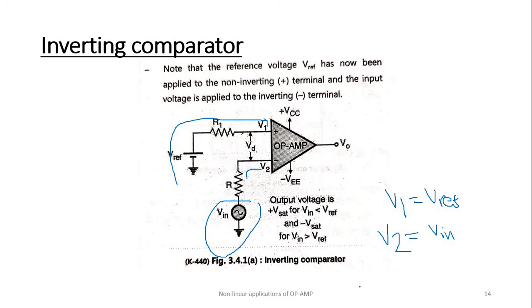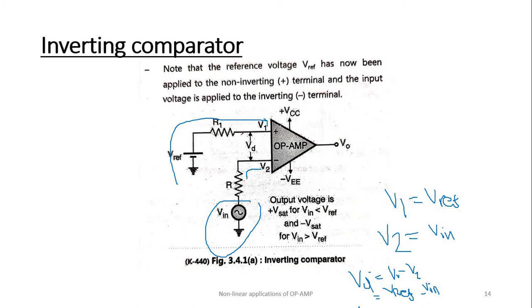Now the differential voltage can be written as VD is equal to V1 minus V2, which is V reference minus VIN.